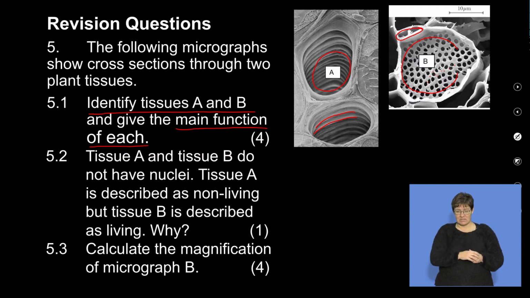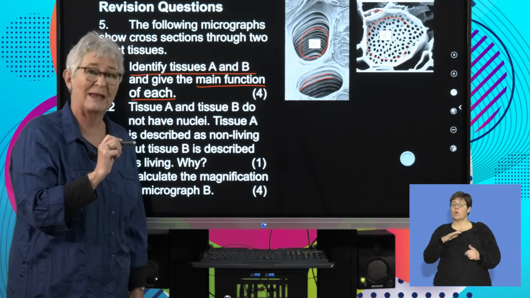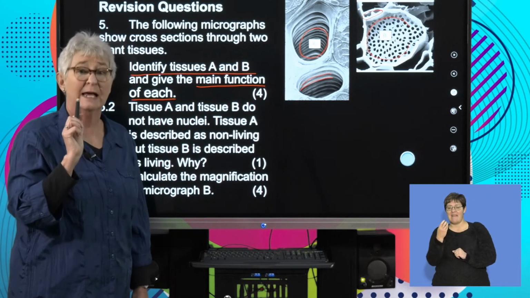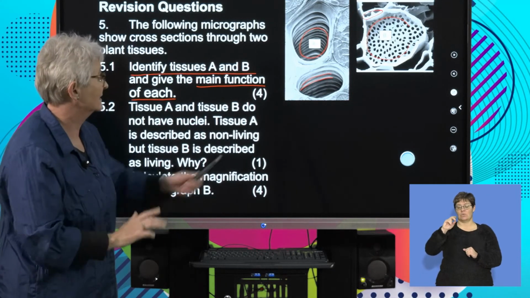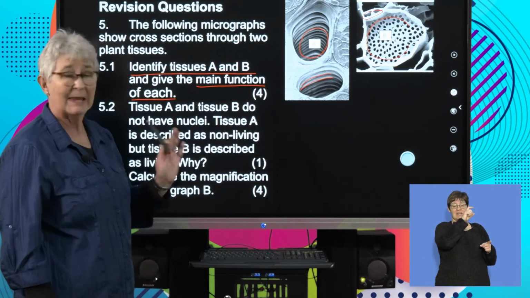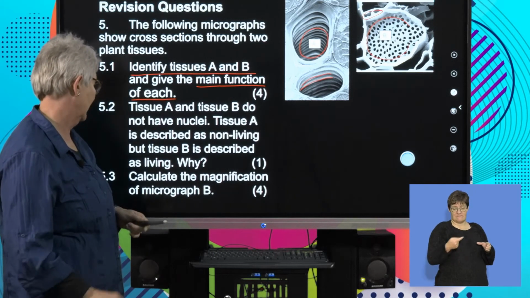We have a companion cell. Okay, so phloem sieve tubes are living. The nucleus that controls them is in the companion cell, and the key is they do have cytoplasm. Whereas xylem, absolutely hollow. That's why it's described as non-living.